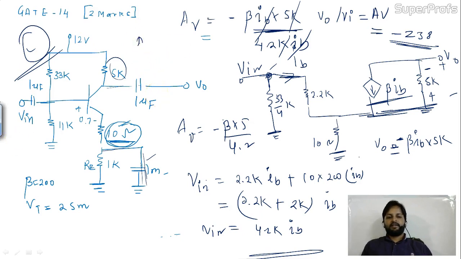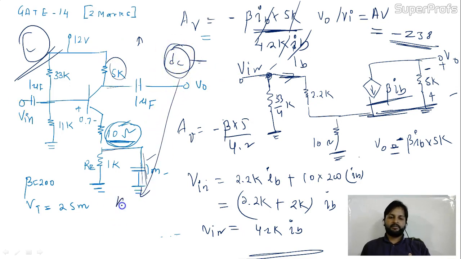Again, I'm telling you how to proceed. First, you need to analyze the DC part of the question. In the DC part, what will you get at the output? You will get RE from the circuit because you need beta RE to replace this BJT with the equivalent resistive circuit.